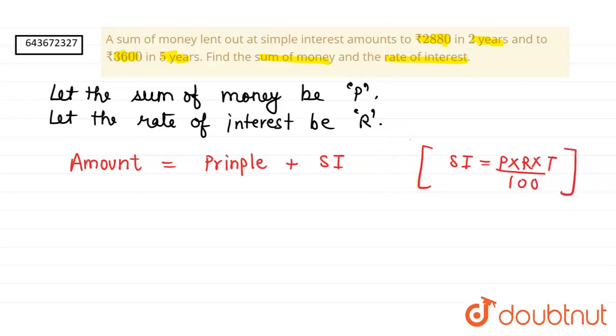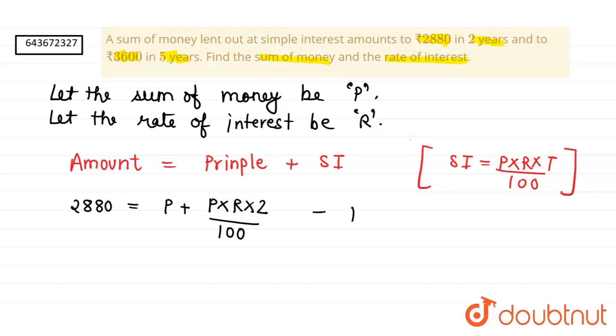Now it is given that after 2 years the amount becomes 2,880. So we will put it here. Amount is 2,880. Principal value is P. And the formula of simple interest is P into R into time, which is 2 years, divided by 100.